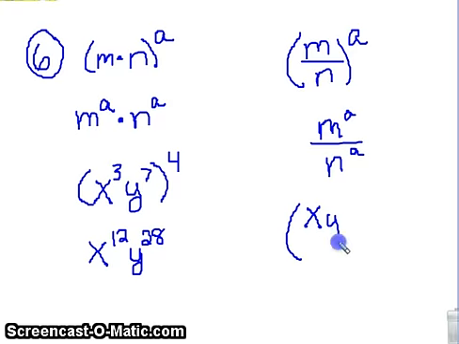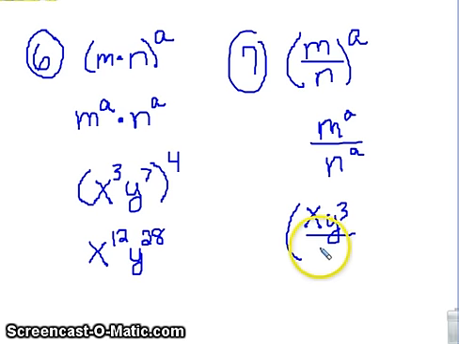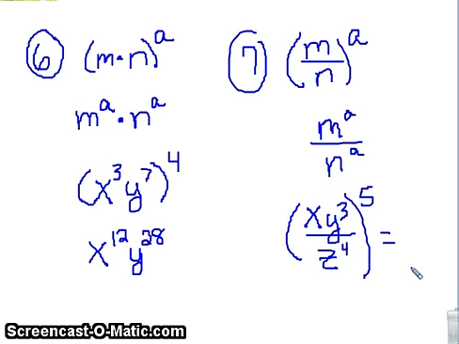If I have x, y to the 3rd over, I'm sorry, this is rule number 7, over z to the 4th, and I raise that to the 5th power, then I get x to the 5th, y to the 15th, and z to the 20th.